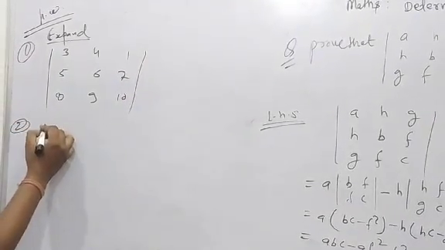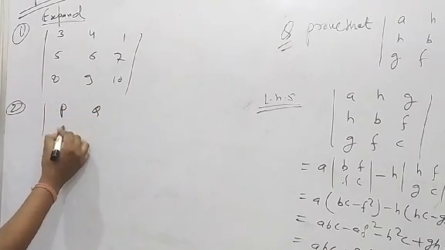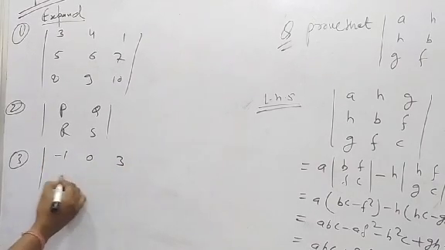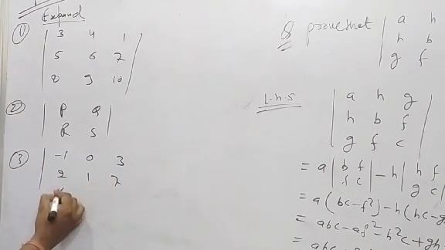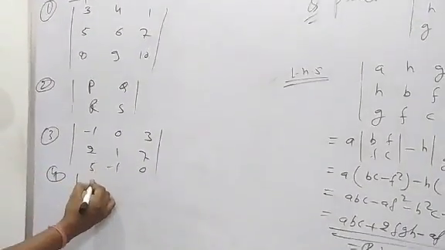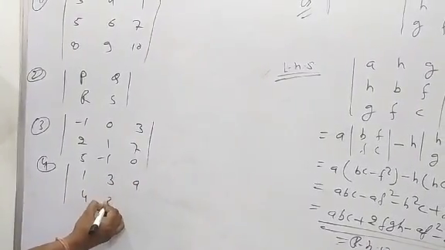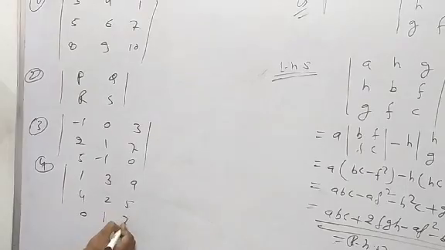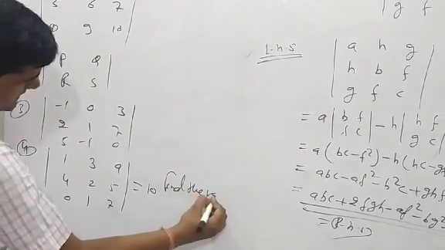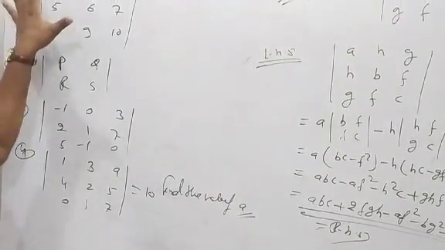Here, second, P, Q, R, S. Third question, minus 1, 0, 3, 2, 1, 7, 5, minus 1, 0. And the last question is 1, 3, A, 4, 2, 5, 0, 1, 7 is equal to 10. Then find the value of A. Clear? These are the homework questions.